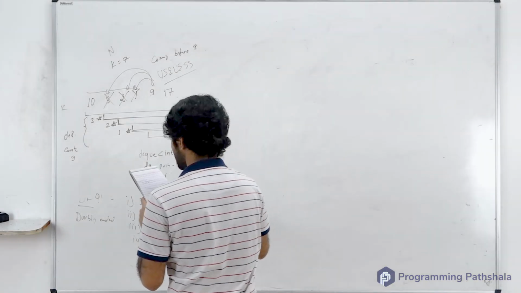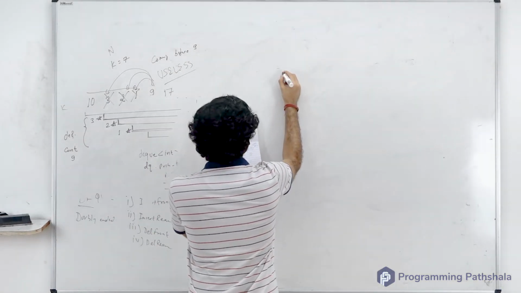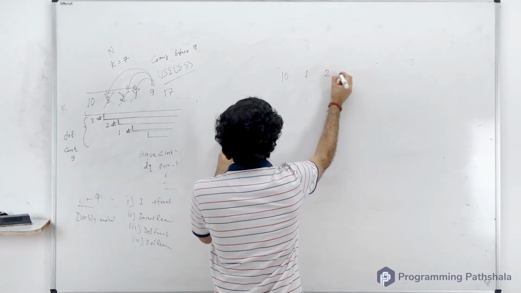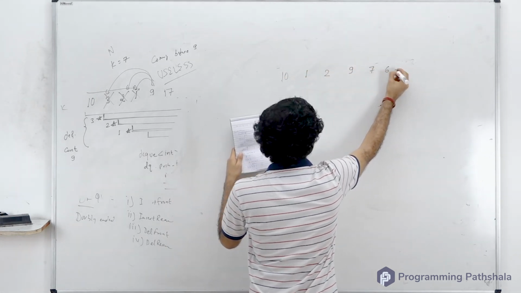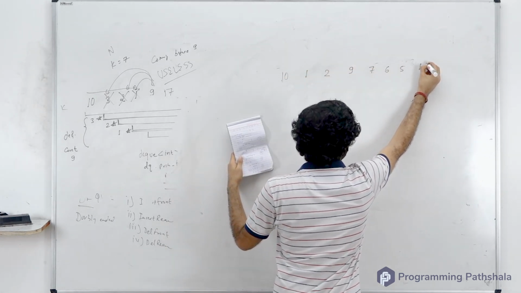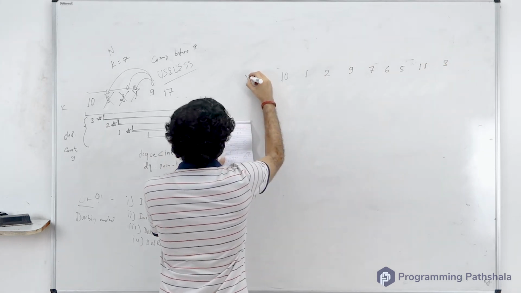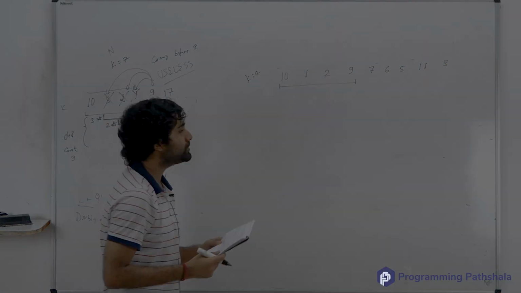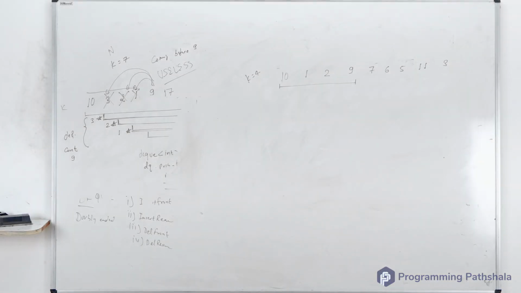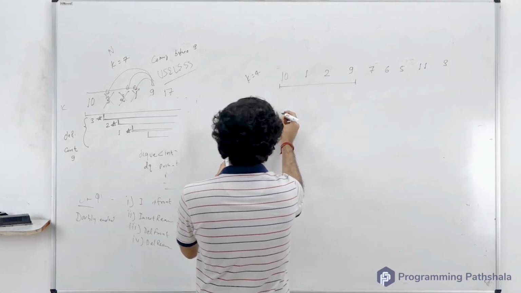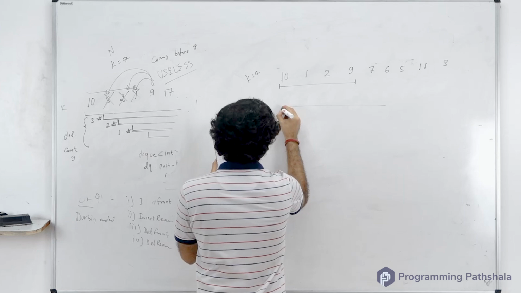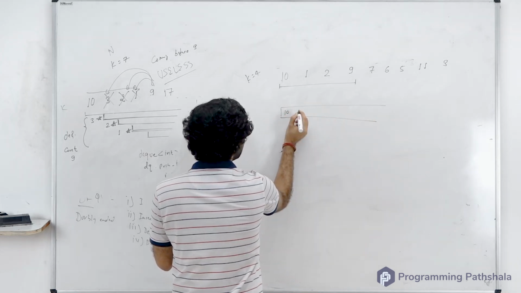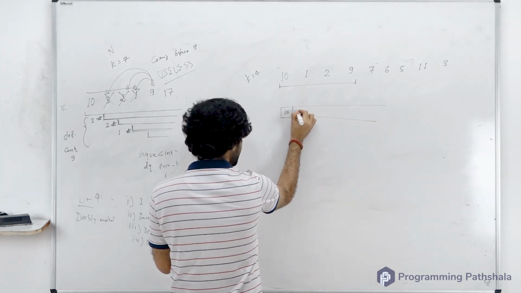Cool. So let's say I have 10, 1, 2, 9, 7, 6, 5, 11, and 3, and your k is equal to 4. Can you tell me the useful elements of your first window? 10 and 9, right? Because you initialize your deque with 10, and now you see that this thing is smaller than this, so it will come.